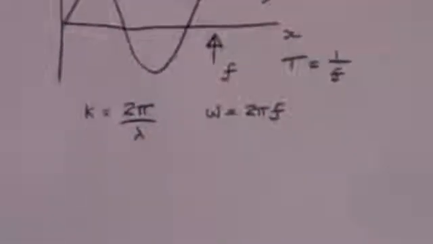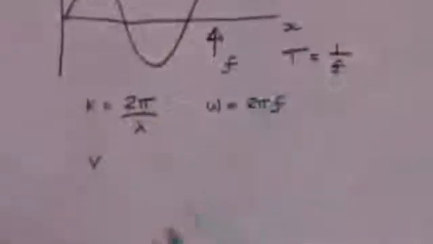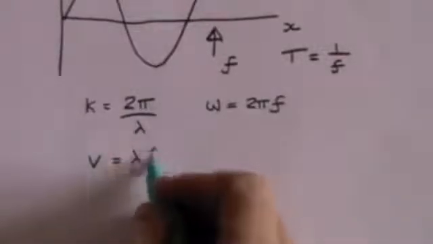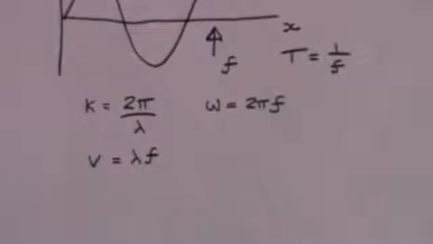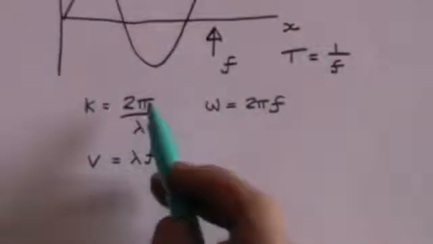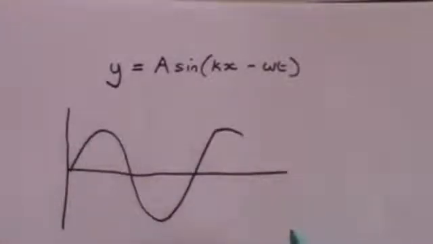Now the velocity of a wave, that's v here, is given by the wavelength multiplied by the frequency. We'll see in a moment that the wave doesn't really move, it just gives the illusion of moving, but we call it a travelling wave.